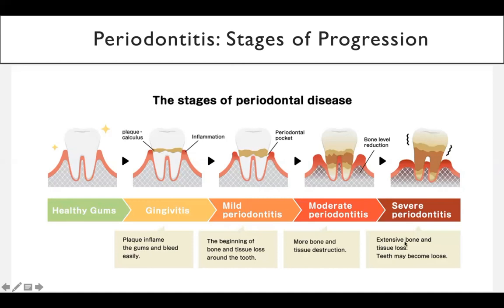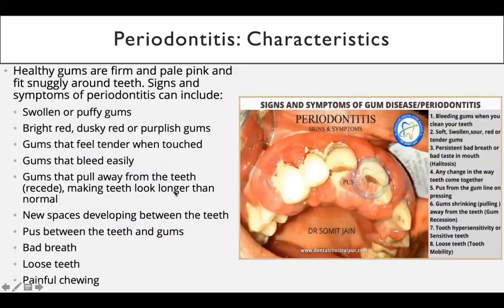When there is extensive bone and tissue destruction, the teeth loosen, can move easily and can fall out, which is known as severe periodontitis. These are the stages of progression of periodontal disease, especially the types of periodontitis: mild, moderate and severe. Okay, so we will stop the class here.